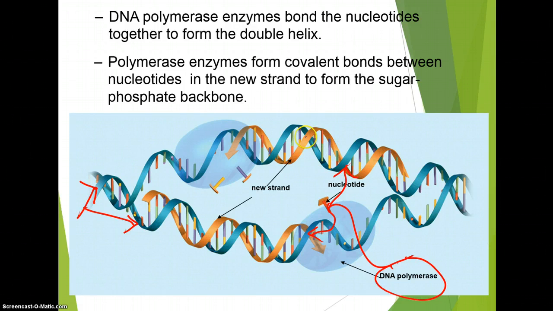And it will match up to whatever one it's already given to determine which one gets added. So DNA polymerase is going to pull in a nucleotide that has thymine to match with the nucleotide on the original DNA strand that has an adenine. So it's going to go through and match all of those nitrogen bases together, because that's important.